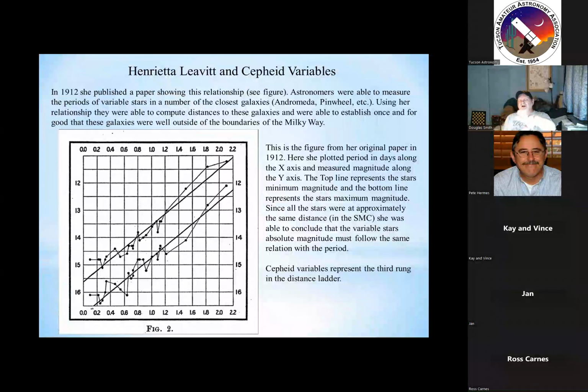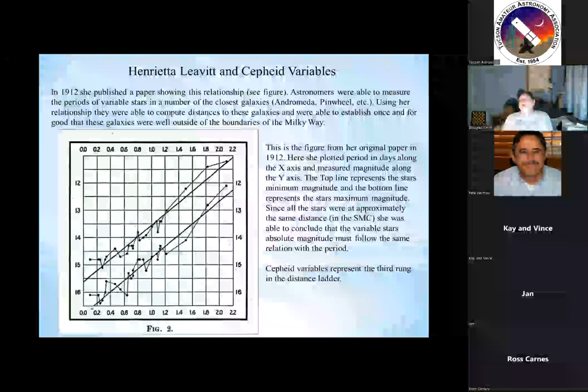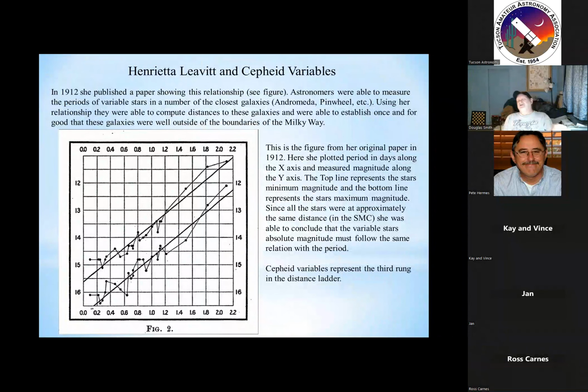You notice there's two lines in this plot. The top line is the minimum magnitude of the variable star, and the bottom line is the maximum magnitude of those variable stars. And she showed that the relationship applied to both the minimum and the maximum magnitudes for these stars.